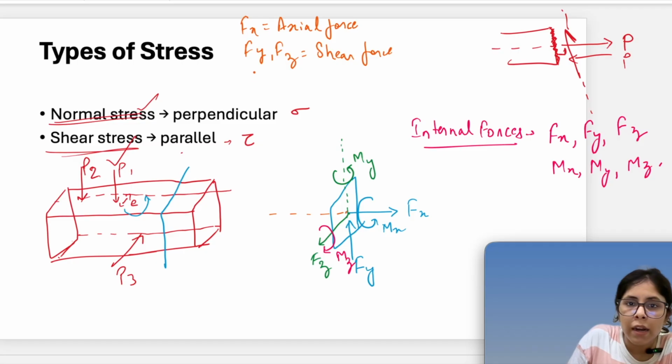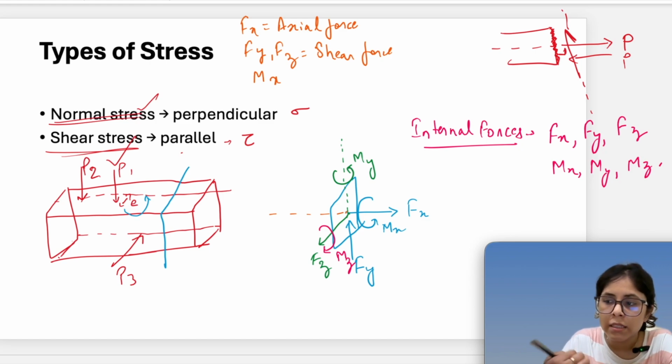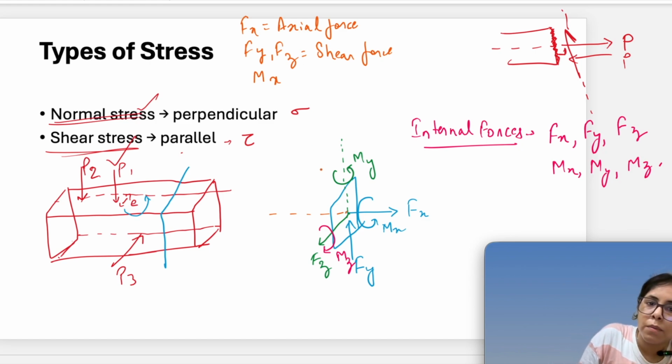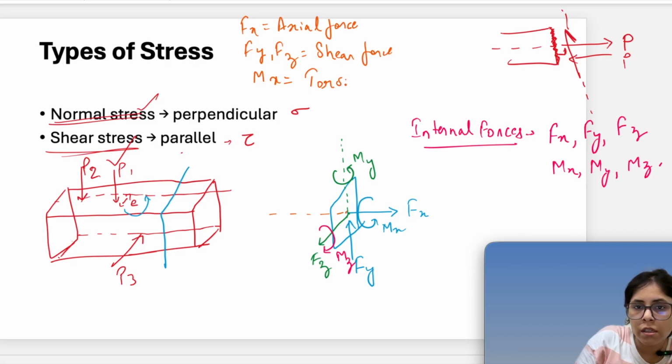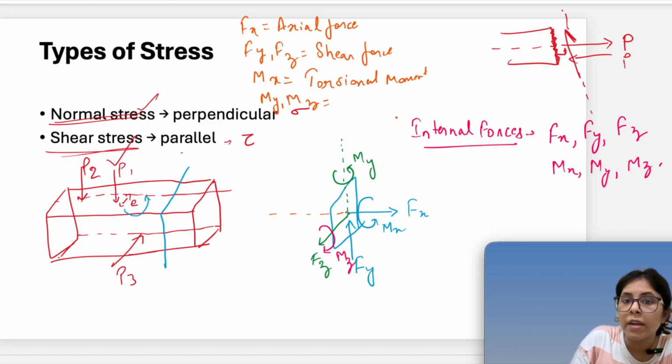And can I call mx the torsional moment, because it will just rotate the rod? So we call it the torsional moment. And my and mz we can call bending moments.